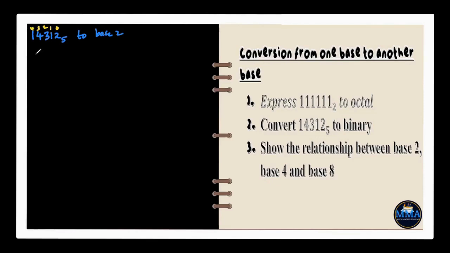So 1, 4, 3, 1, 2 base 5 will give us 1 times 5 raised to power 4 plus 4 times 5 raised to power 3 plus 3 times 5 raised to power 2 plus 1 times 5 raised to power 1 plus the last number here, 2 times 5 raised to power 0.